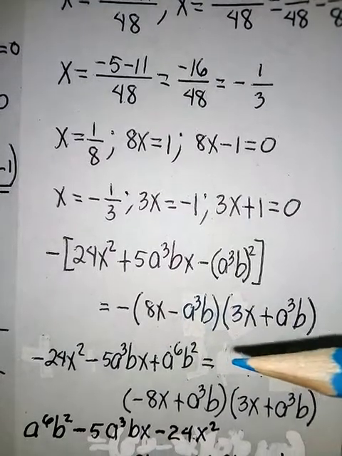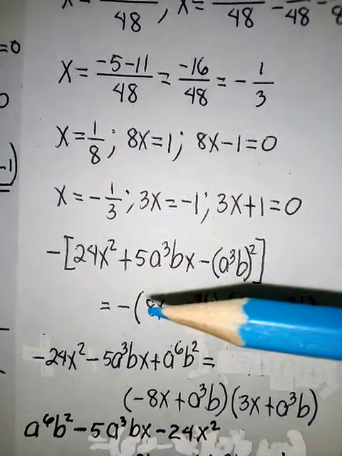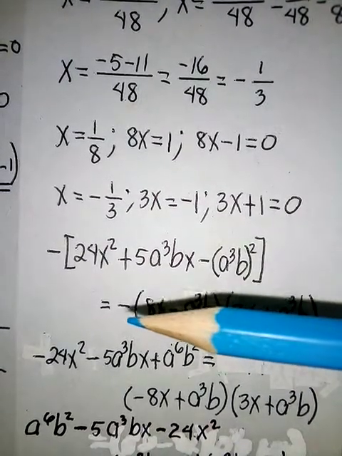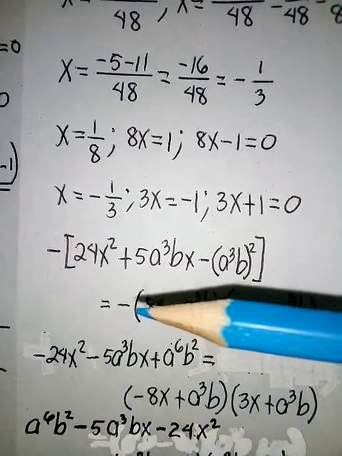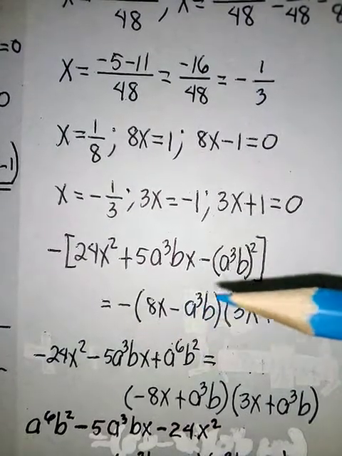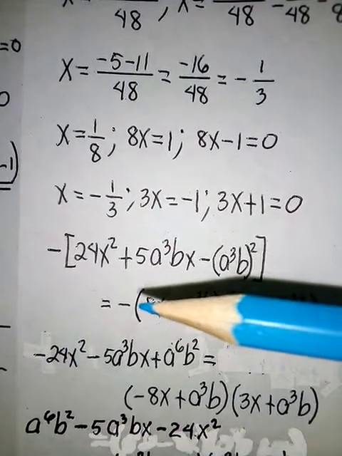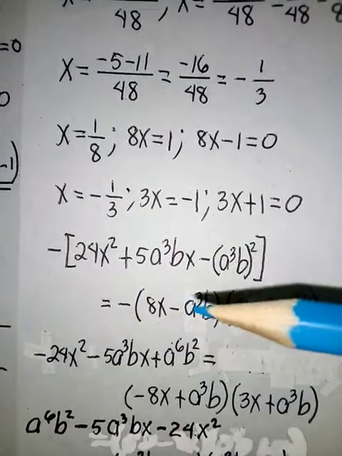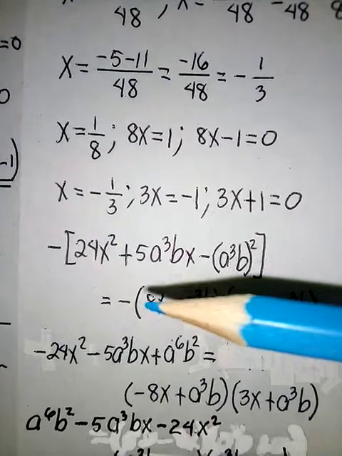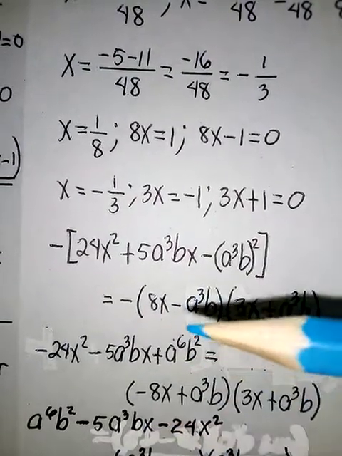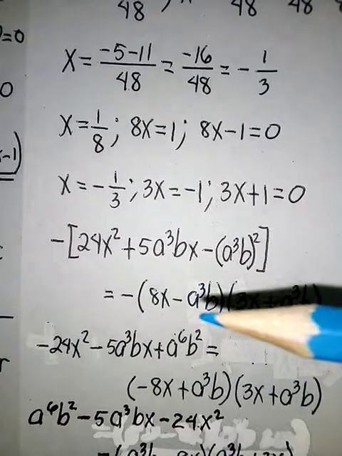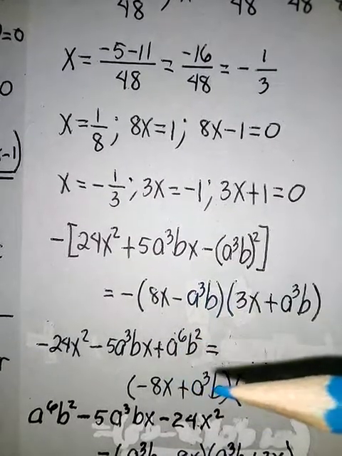Is equal to, so the same with this right side. You can multiply the negative sign to either of the two factors. So we will multiply this negative sign to the first factor. Negative times 8x is negative 8x. Negative times negative a cube b is equal to positive a cube b. And then we have 3x plus a cube b. So just copy this one.